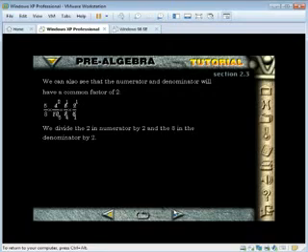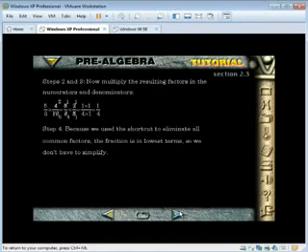We divide the 2 in the numerator by 2 and the 8 in the denominator by 2. Step 2 and 3. Now multiply the resulting factors in the numerators and denominators. Step 4. Because we used the shortcut to eliminate all common factors, the fraction is in lowest terms, so we don't have to simplify.